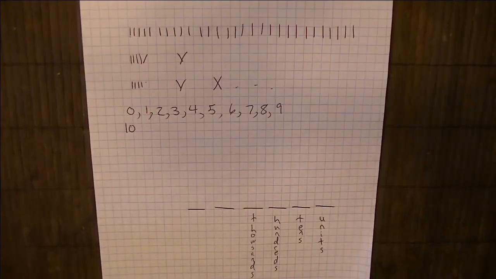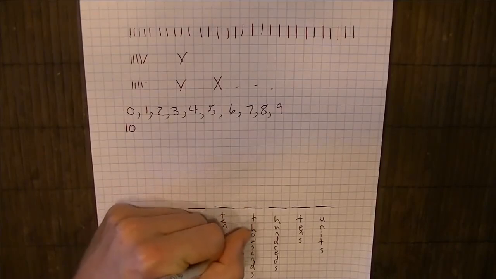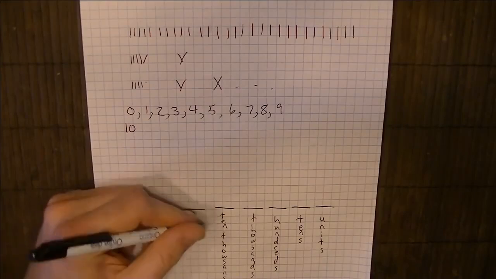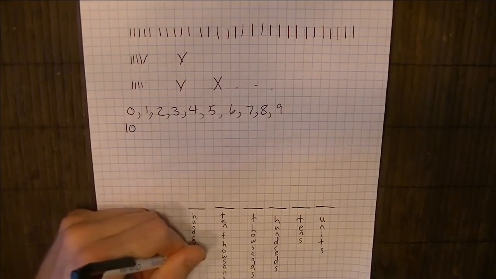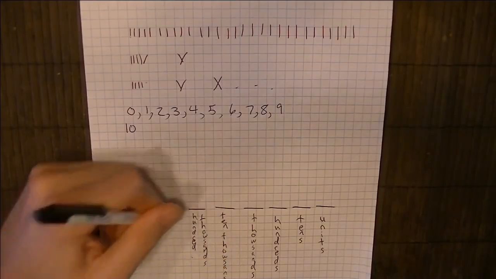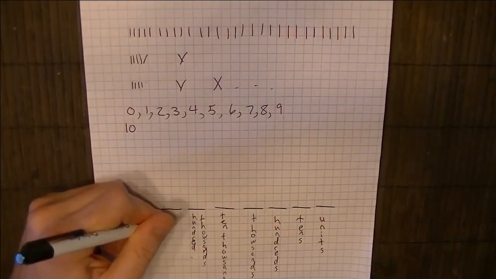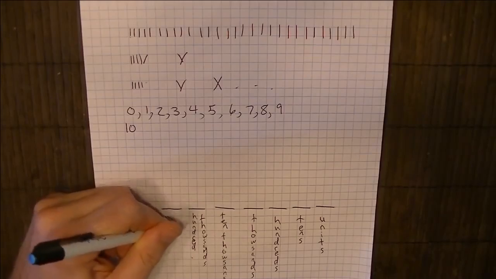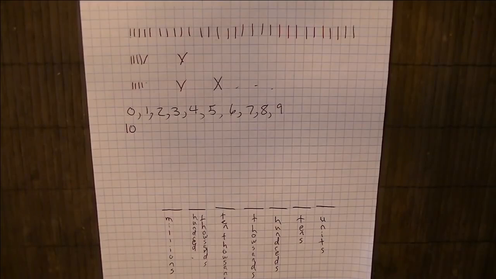So they just said, well, the next one will be 10 times 1,000, so they called it 10,000. The 10,000s column, and we have the 100,000s column, and then the next place value is the millions. So units, tens, hundreds, thousands, 10,000s, 100,000s, millions, and so on and so forth.